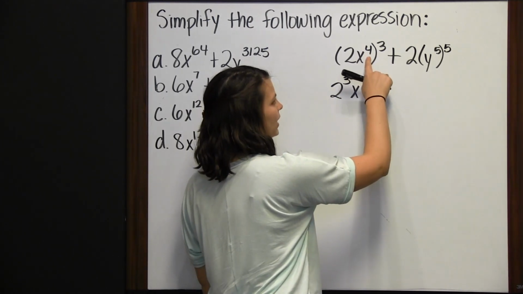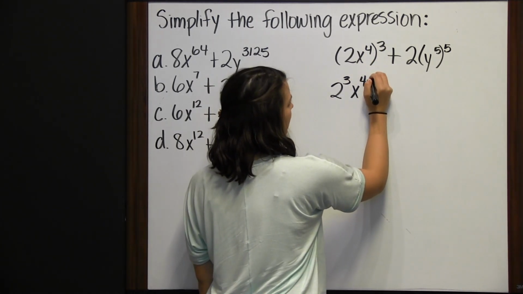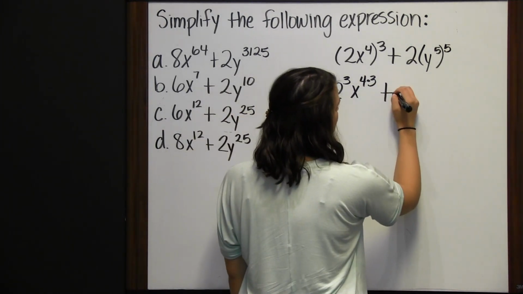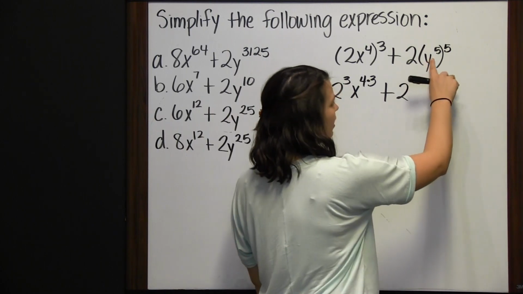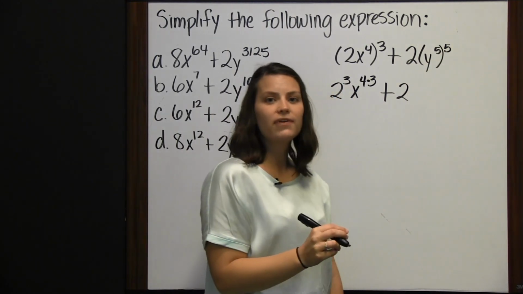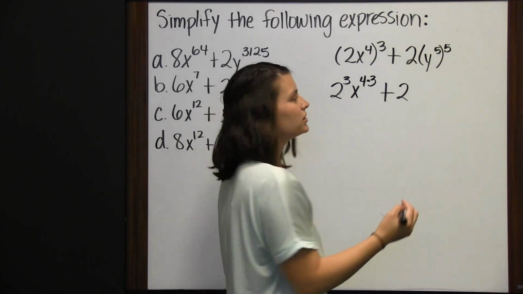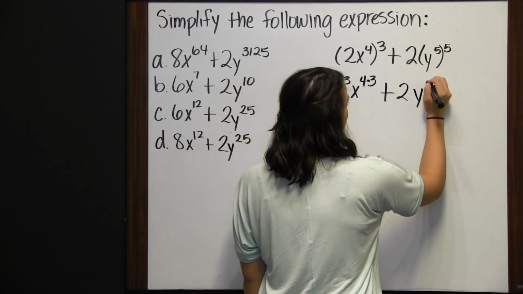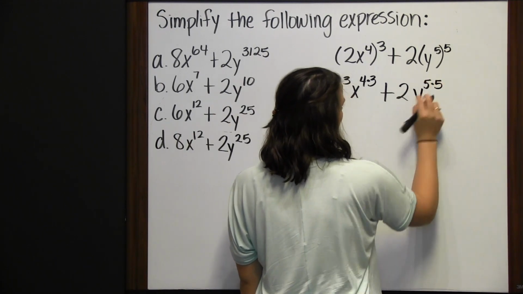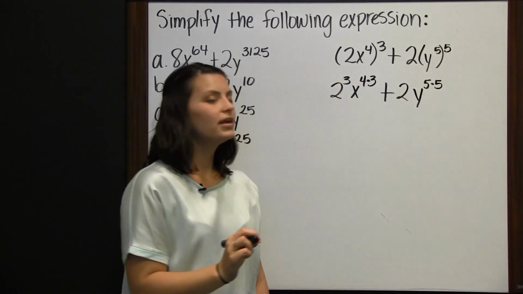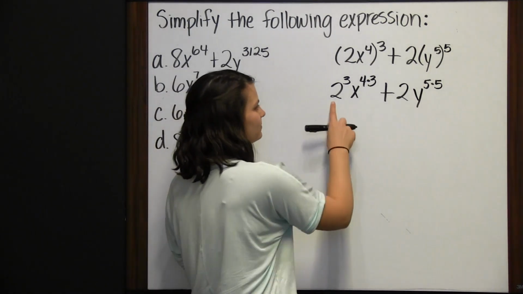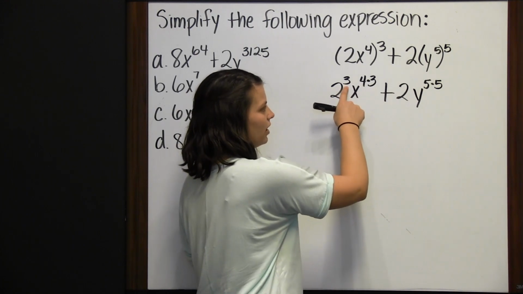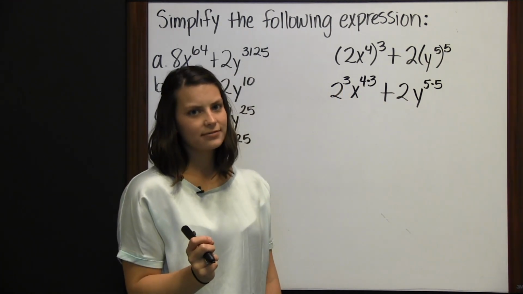When we raise an exponent to an exponent, we multiply those exponents together. Plus 2, and then again we have y to the 5th raised to the 5th. So another exponent raised to an exponent, and those must be multiplied together. So y to the 5 times 5. And now we can simplify this. 2 cubed means 2 times itself 3 times, not 2 times 3.